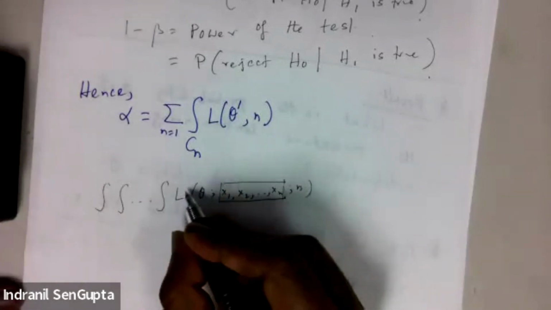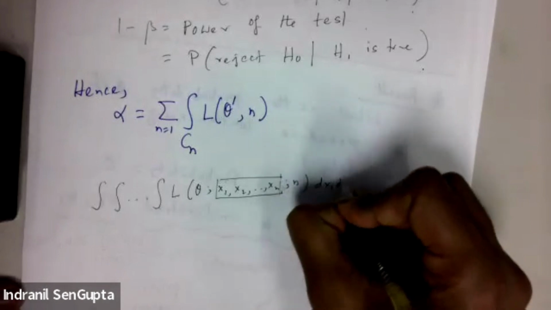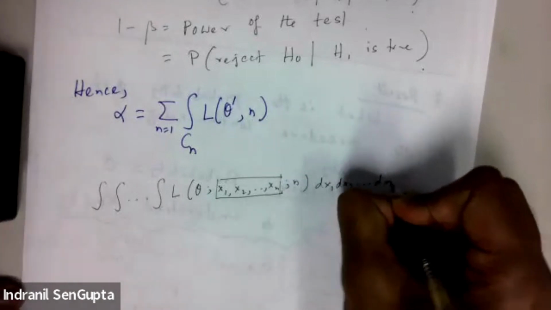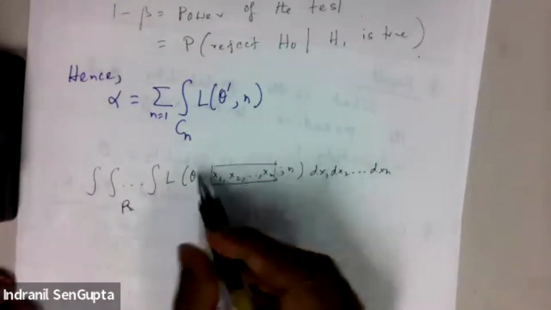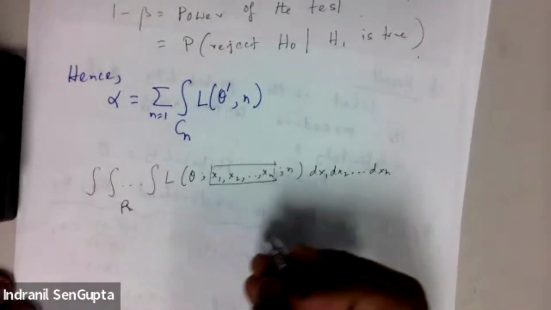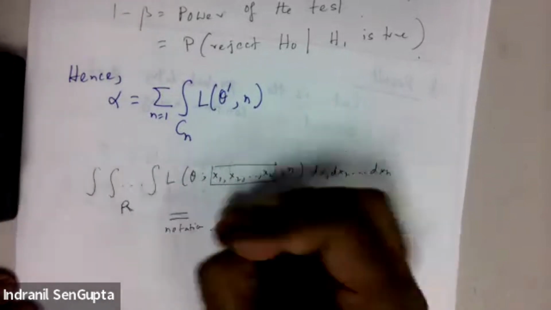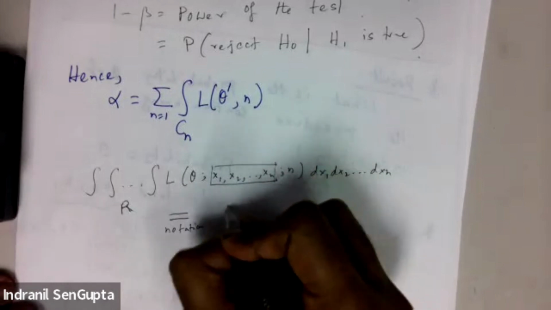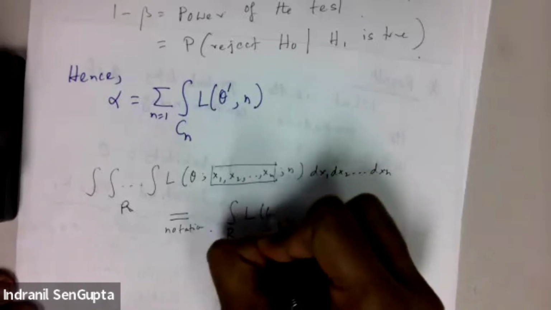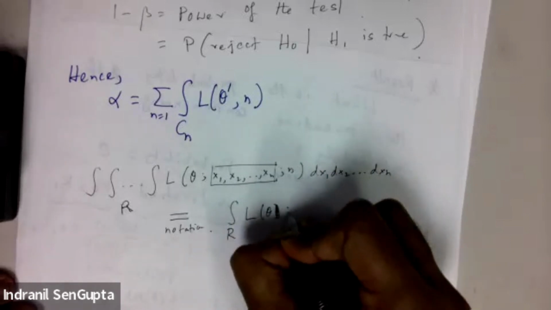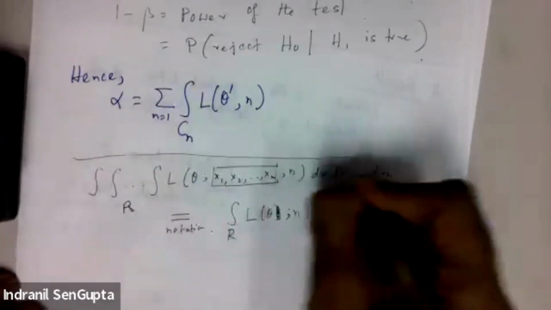If I integrate this over a region R with respect to dx1, dx2, dxn, where R is a region in the x1, x2, xn plane, I'll simply write this as integration over R, and then L of theta comma n. So that's the notation we'll be using.